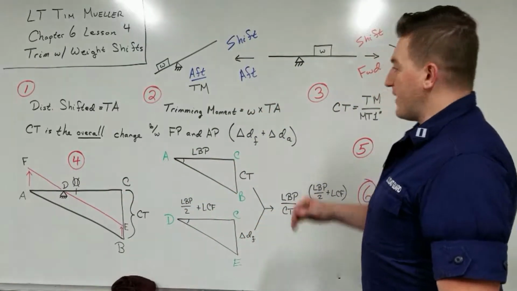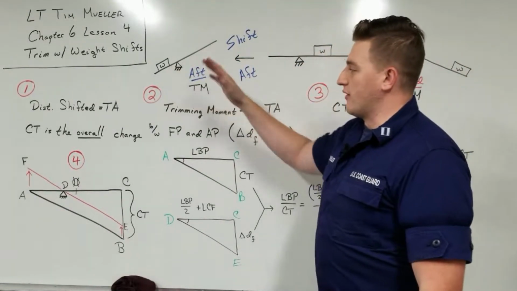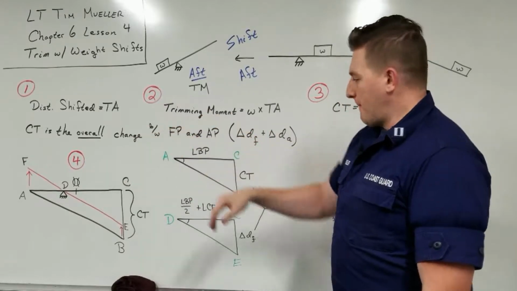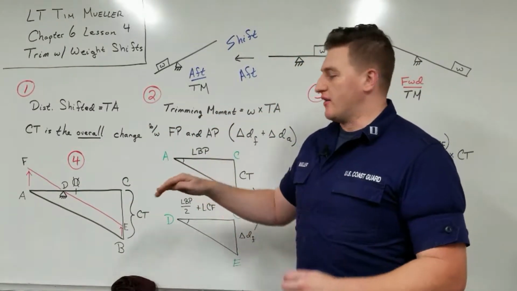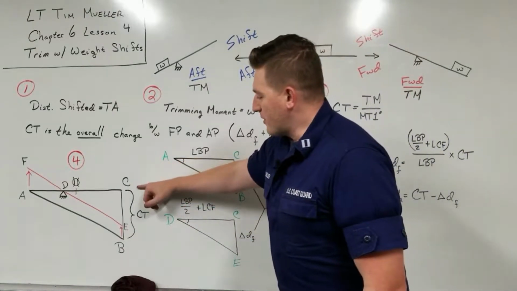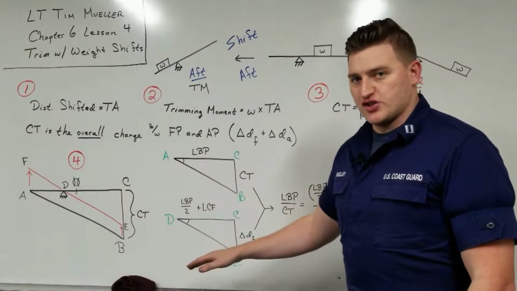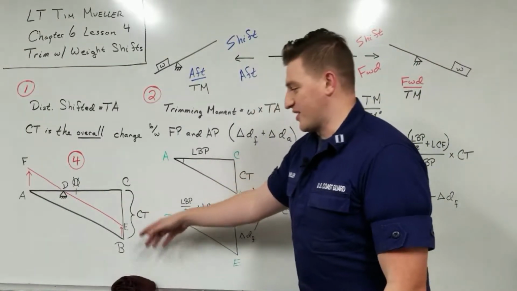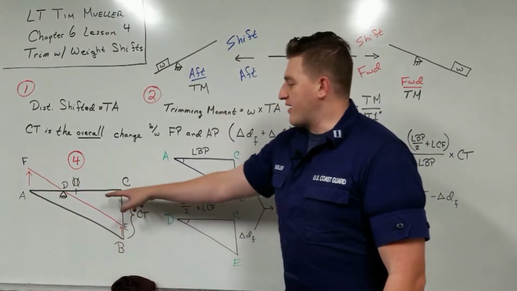We need to take the information from our preliminary step, where we know if we're going aft or forward, and understand what's going on with our change in trim. We have our boat originally here, and change in trim is the overall change in that trim, but it doesn't match up with what we have originally.